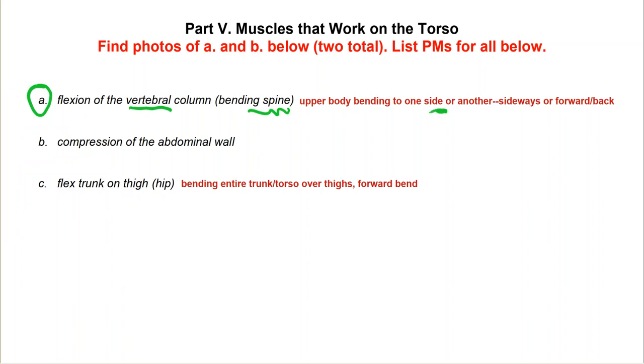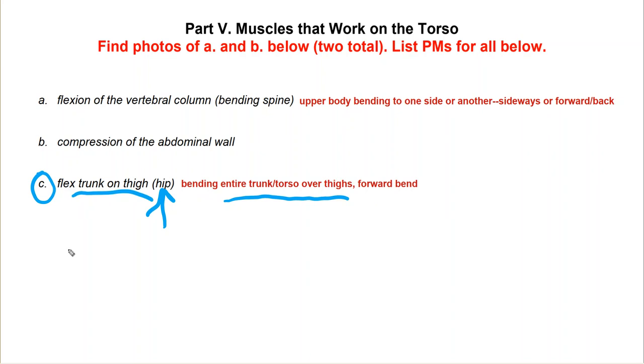So bending kind of sideways like you're about to do a cartwheel, or kind of curling your upper body forward into a crunch, but where you're not really moving your hip joints. That's vertebral flexion. And then flex trunk on thigh. This is actually working the ball and socket joint of your hip. And so you're bending your entire trunk or torso over your thighs like a forward bend in yoga. Your vertebral column is actually pretty straight or in a neutral position when you flex trunk on thigh.